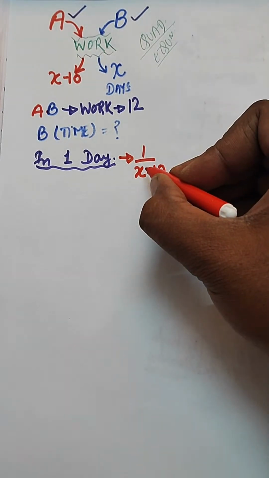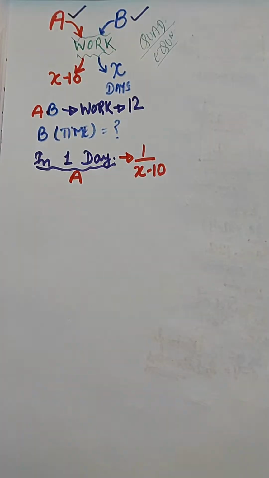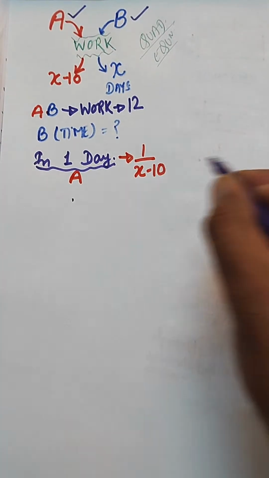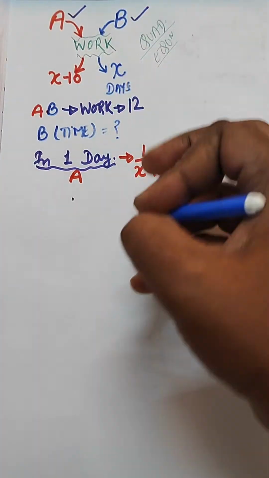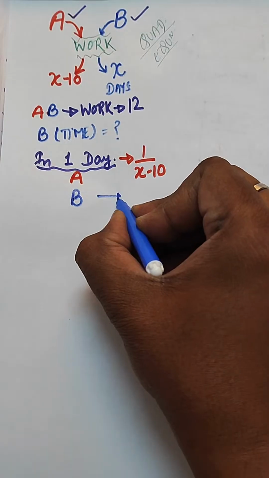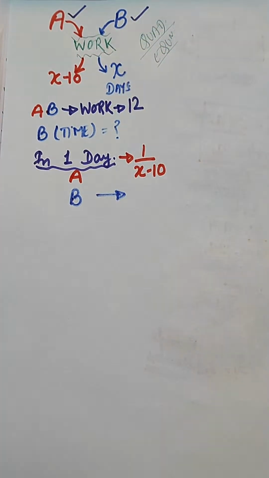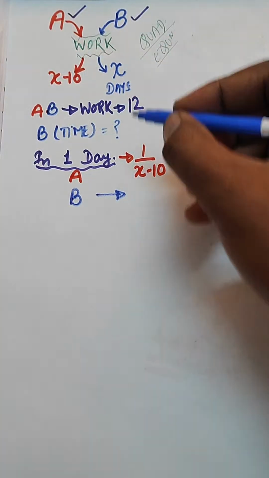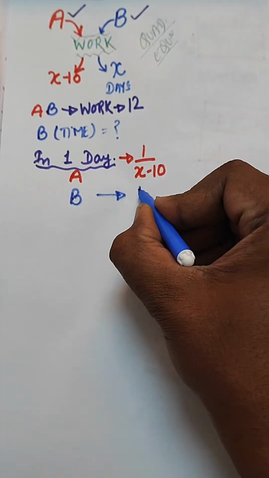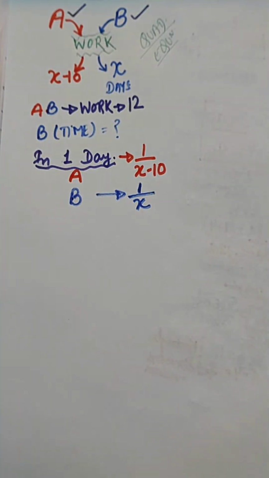This is the work completed by A. Similarly, the part of work completed by B in one day: if B completes the entire work in x days, then in one day B completes 1 by x of the work, isn't it?